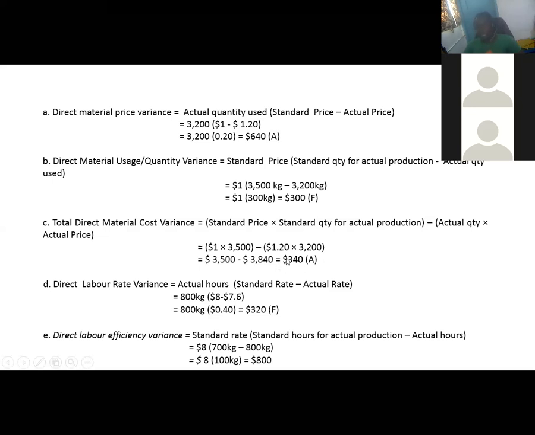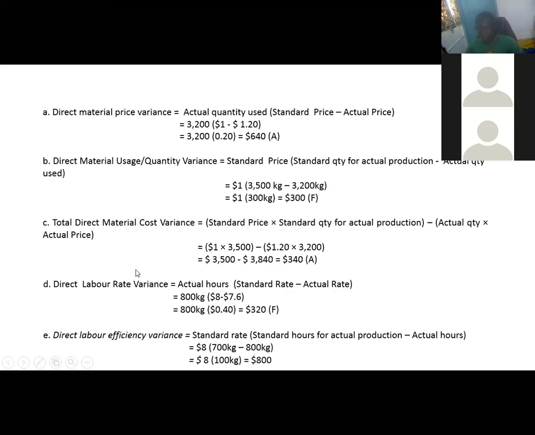If that has been well understood, then let's move on to D. D, we are supposed to calculate for direct labor rate variance. So first and foremost, you need to quote the formula. And the formula is actual hours, then we open bracket, standard rate minus actual rate, brackets closed.